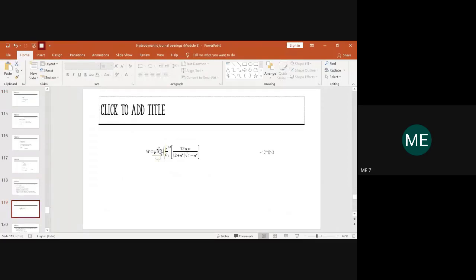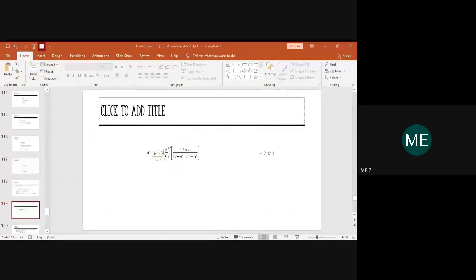See how much you get for the value of U. You should get 3.14 meter per second as we calculated in the last class. Here, instead of R, we will be using pi D n.